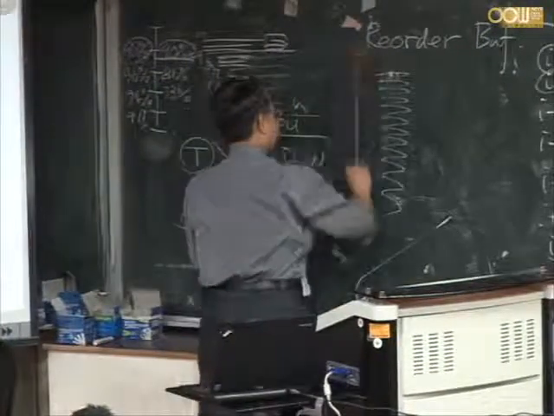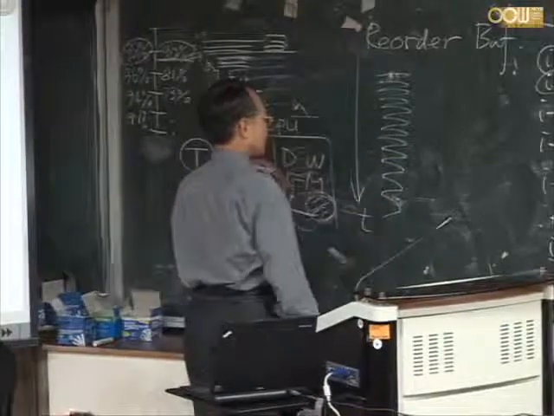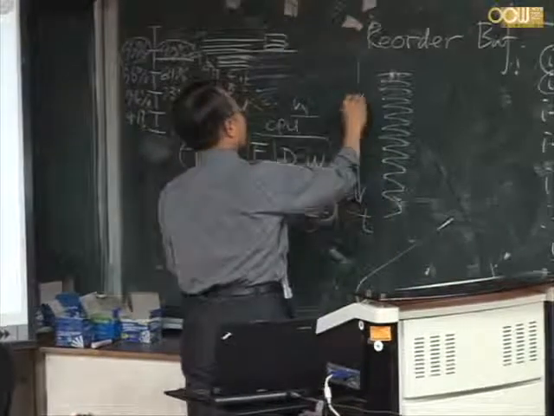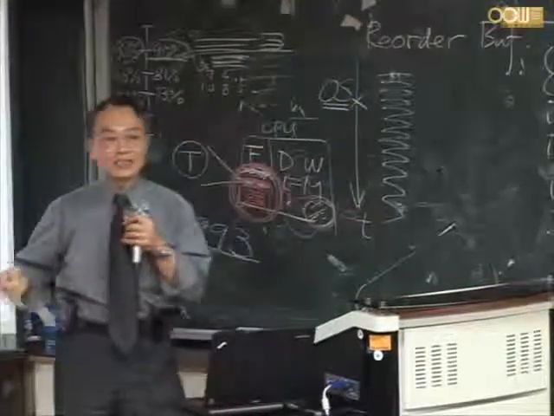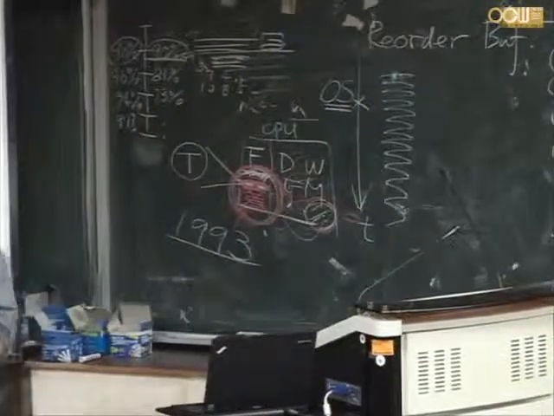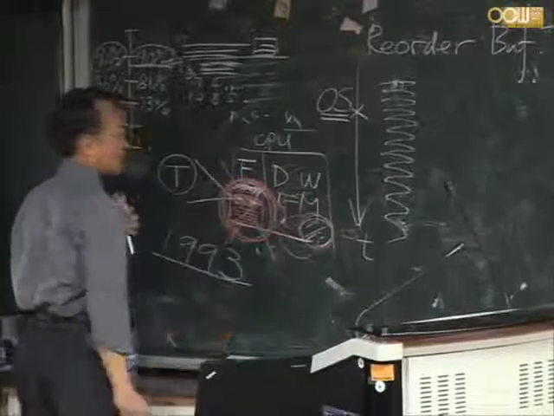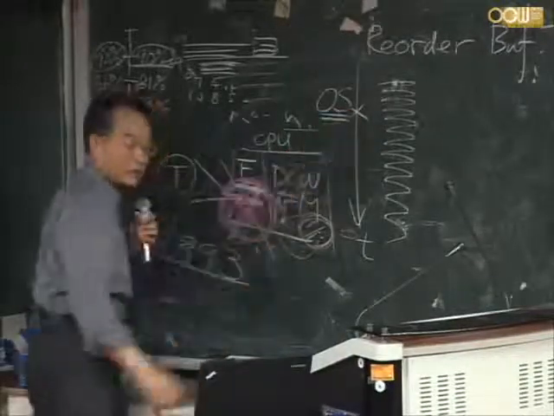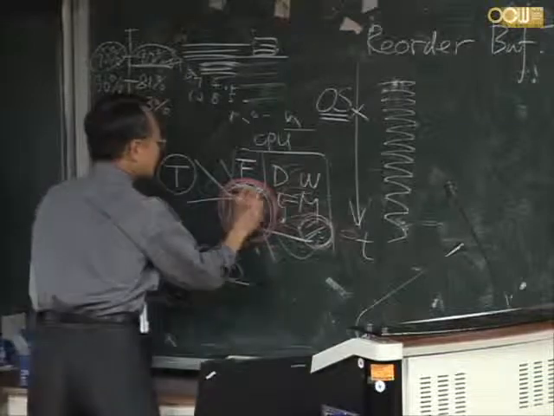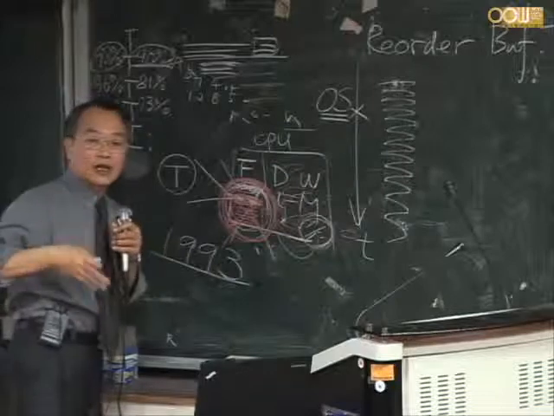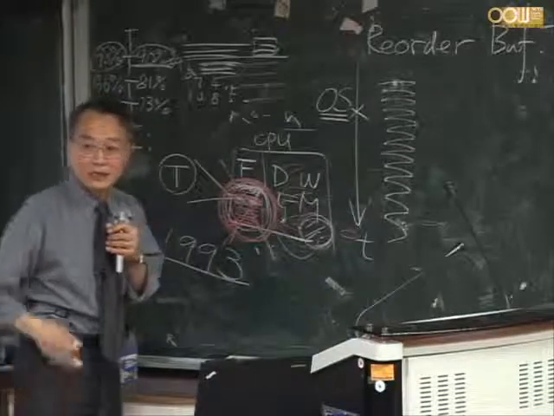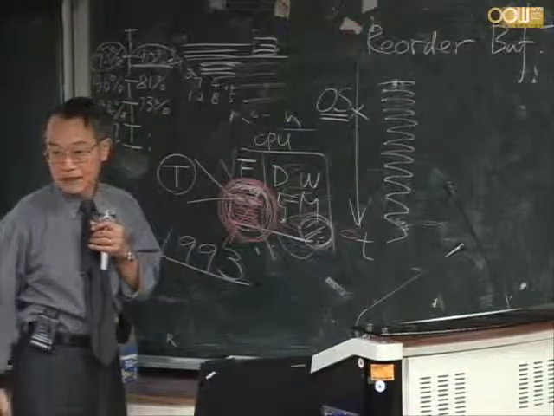Suppose this is the time axis, and at any instance of time, the OS may come in and ask for some services from the CPU. What we can do is, first, evict the whole thing if this is a high priority interrupt, or we can wait until this reorder buffer all commits if it's a low priority request.